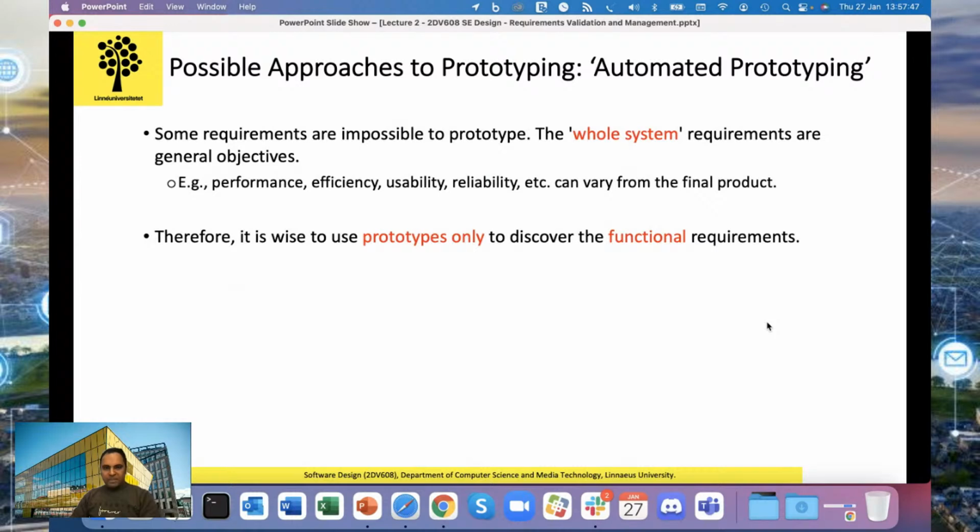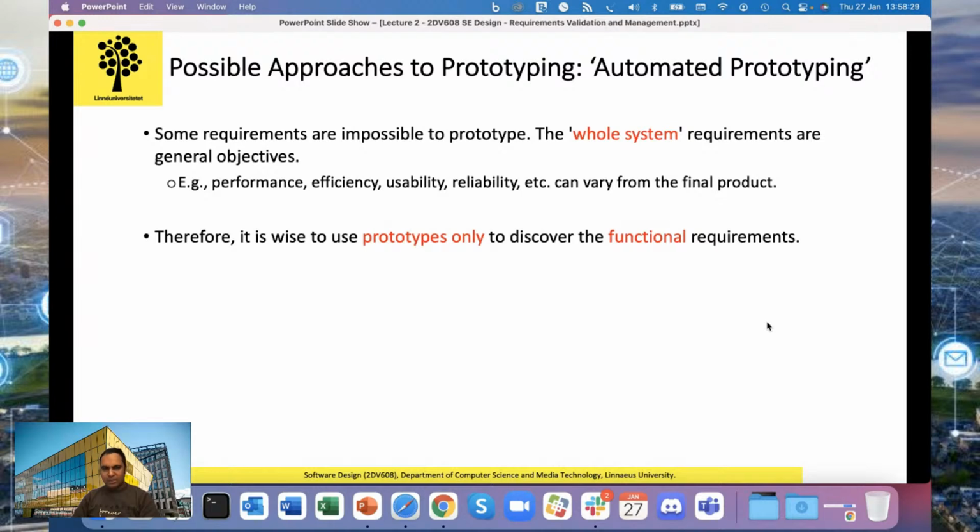Sometimes you might not be able to test some aspects of the system. For example, using this automated prototype or other prototypes, we can test functional requirements, or we can check if the functional requirements are implemented or not, but we cannot test non-functional requirements in this case, or the requirements that are global requirements, or the requirements that are applicable to the whole system.